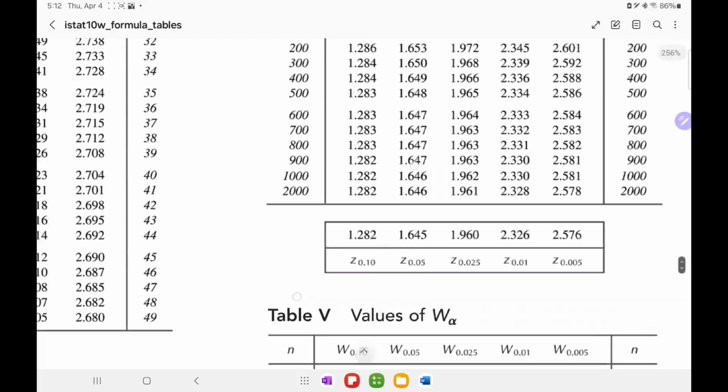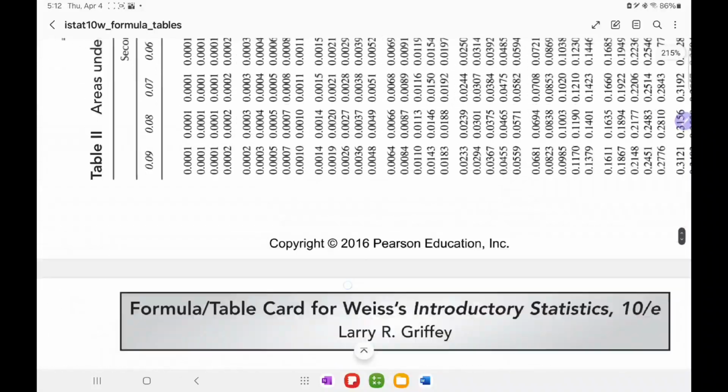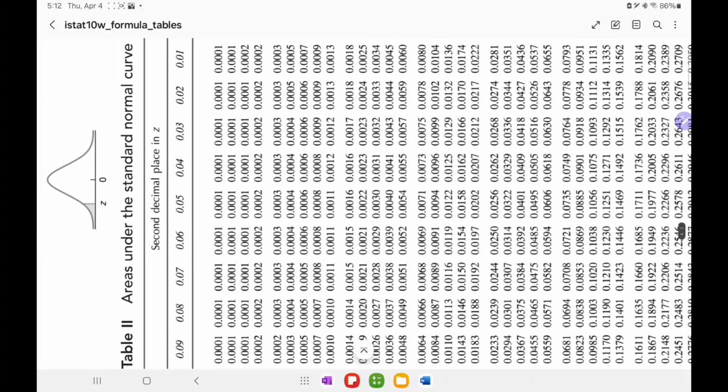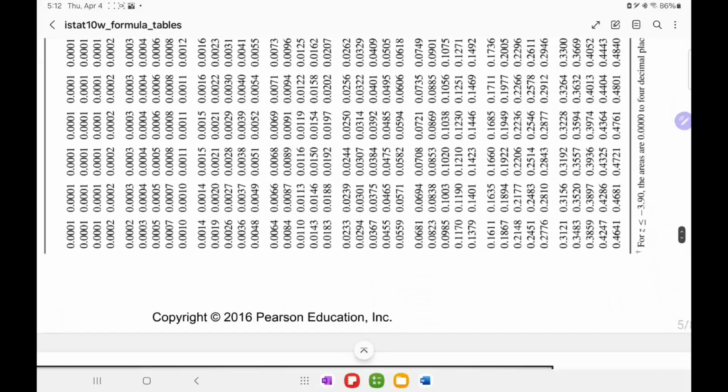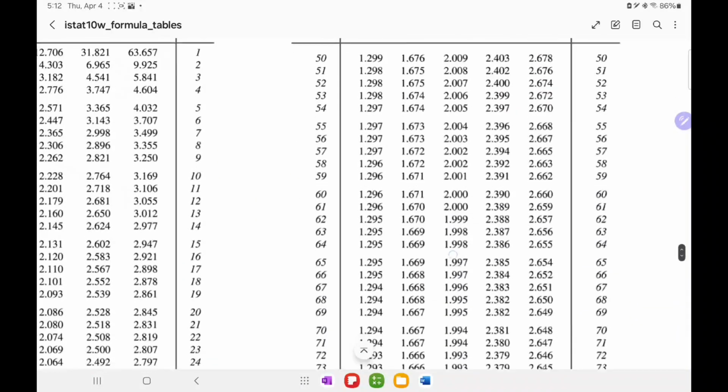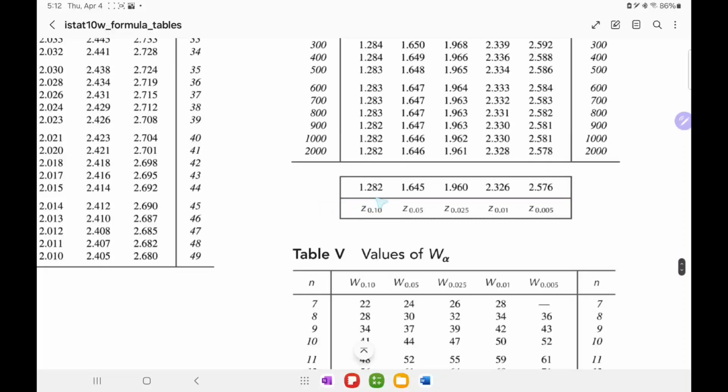Now, you can also find the same Z values from table 2, but there are a lot of values in this table, so it may be hard to find the values. It may be more time consuming. So just refer to this truncated table. The whole idea of giving this table is for you to find the values easily.